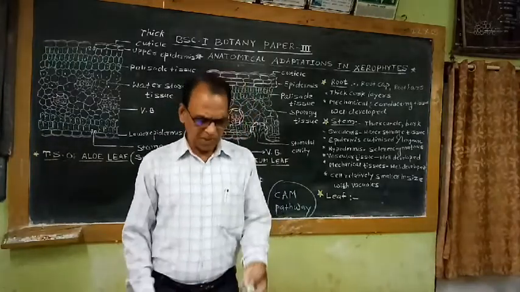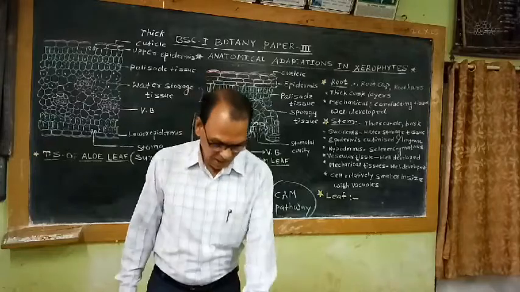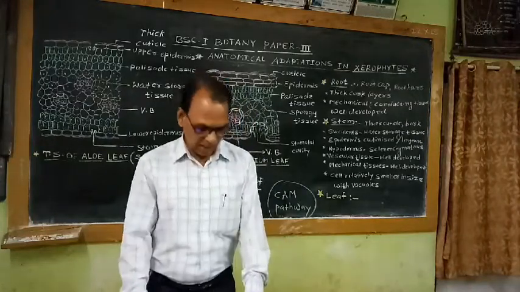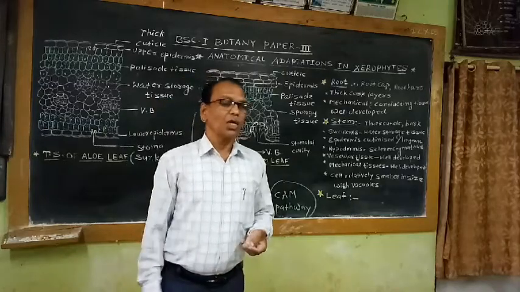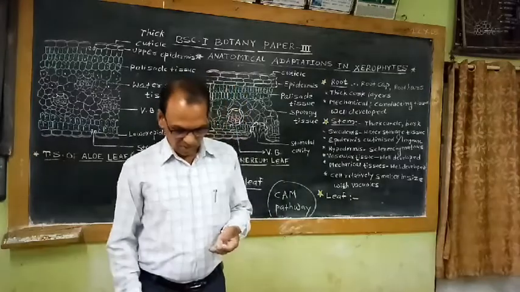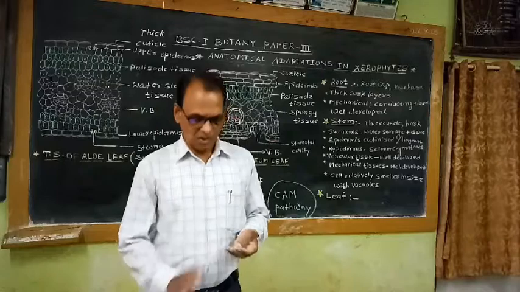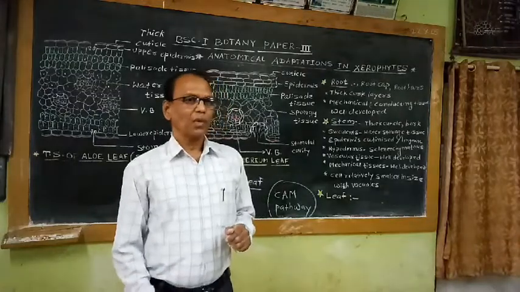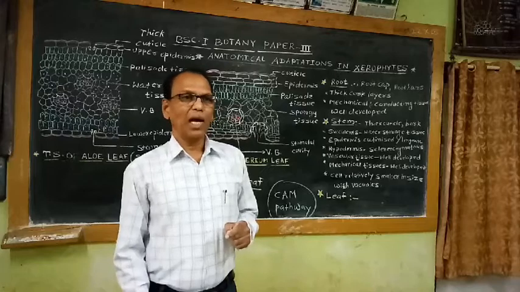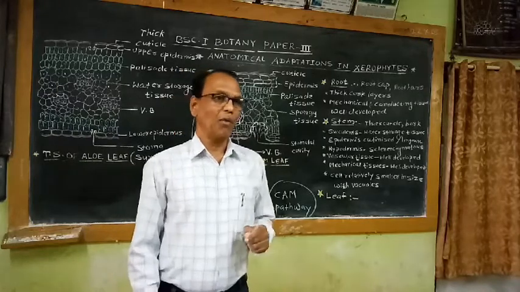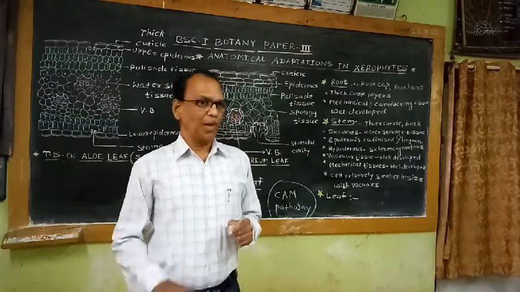So this is the adaptation required by these plants. And the last physiological character shown by xerophytic plants is inward curling of leaves or inward curling of some organs. For example, as I told you last time, the leaves of plants like Poa ammophila show curling of the leaf lamina.